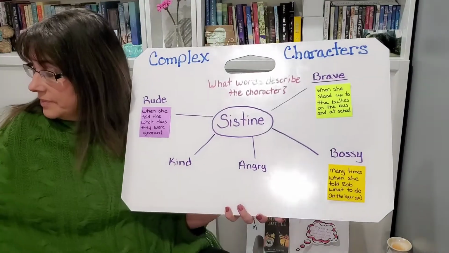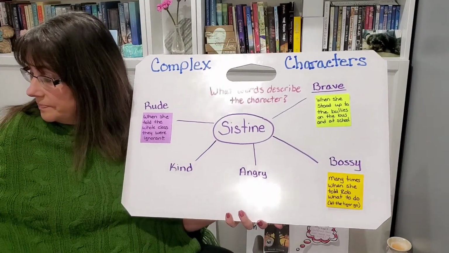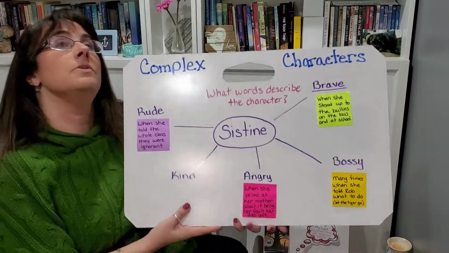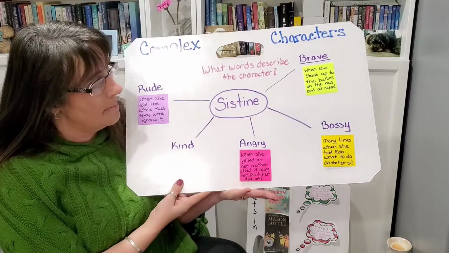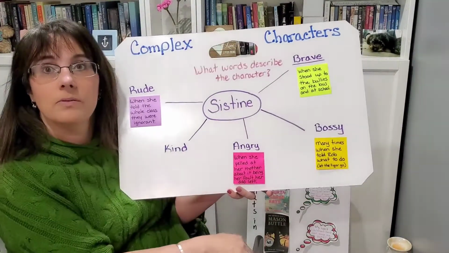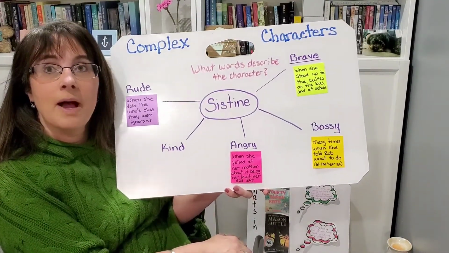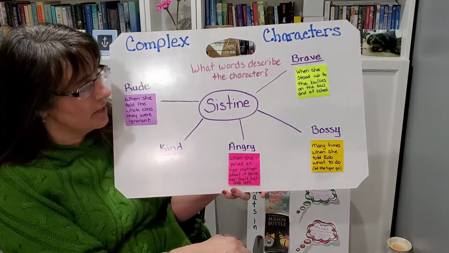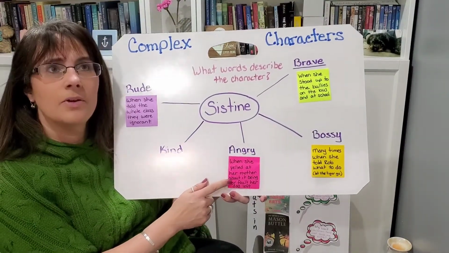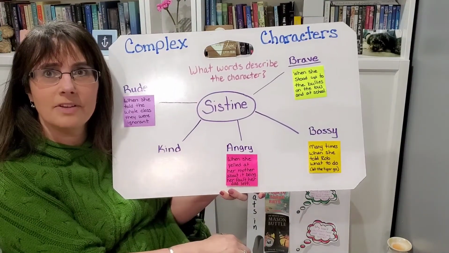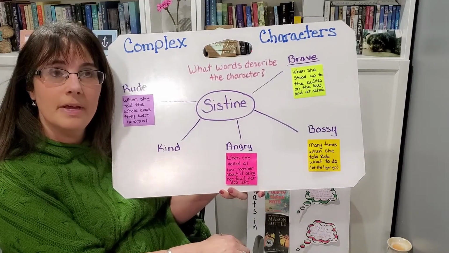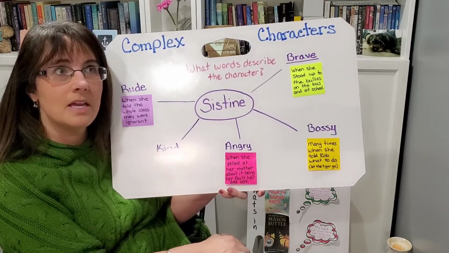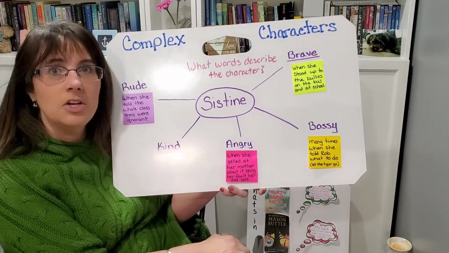Kind and angry. Let's see what I have here. I'm going to do the angry one first. I put down, do you remember that time when she was at Rob's and they had been out in the forest, in the woods, and her mom came to get her, and she had Rob's clothes on, and her mom came to get her in the car, and she got really mad at her mom about her dad leaving, and she was kind of yelling at her mom, and all of her anger and sadness kind of came out, and she was yelling at her mom and saying, it's your fault he left, you're the liar.